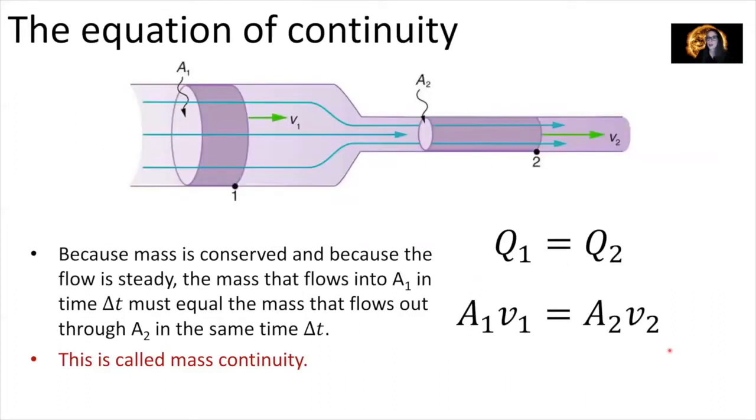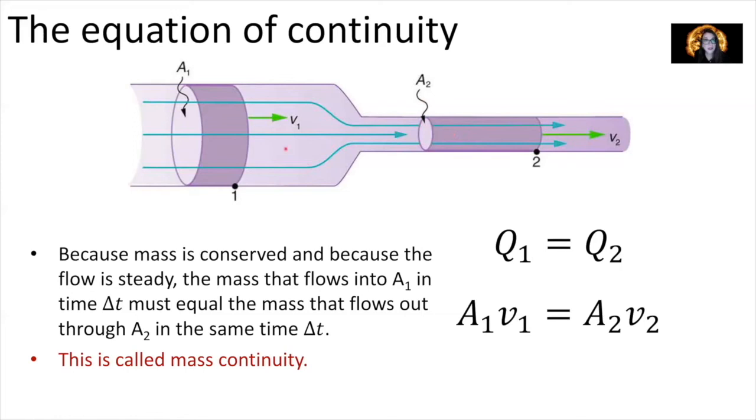We also have something called the equation of continuity, which comes in part from our flow rate that we just saw. Okay, mass in our universe is always conserved. So because mass is conserved, and we're going to assume that we have a steady flow inside this tube that we have here, the mass that flows into this cross section A1 of this wider end of the tube in some time delta t must equal the mass that flows out through the smaller cross-sectional area of the tube A2 in the same time delta t.